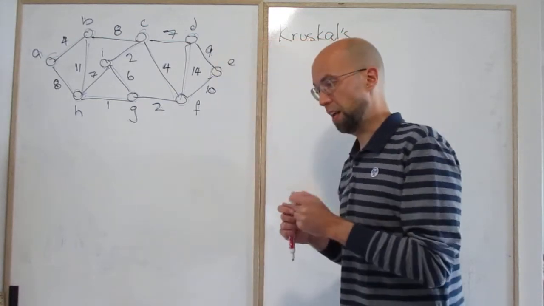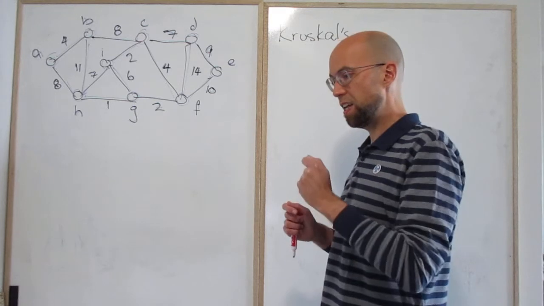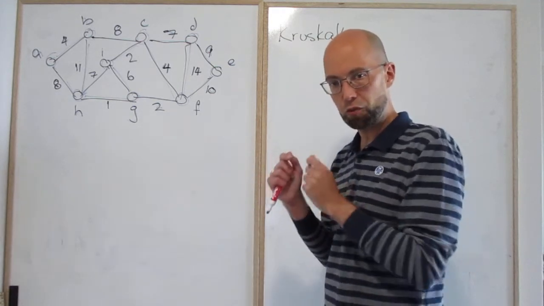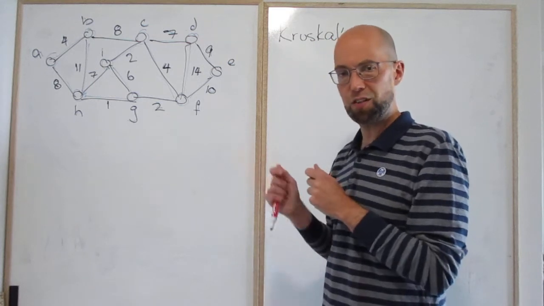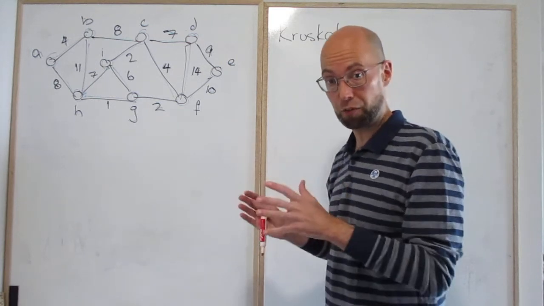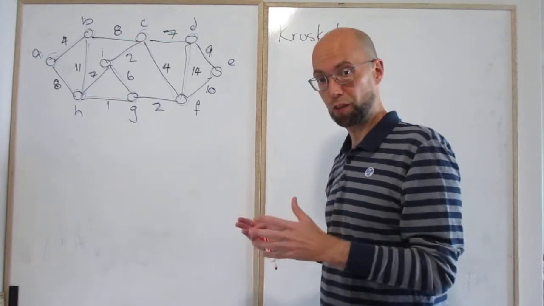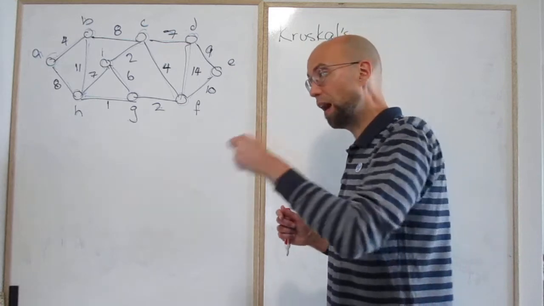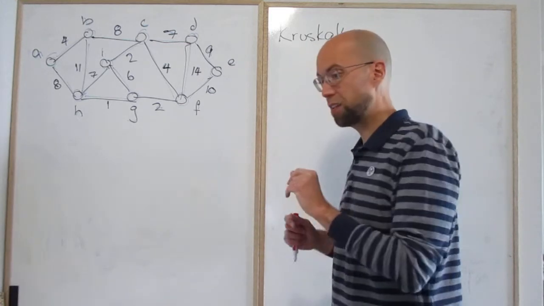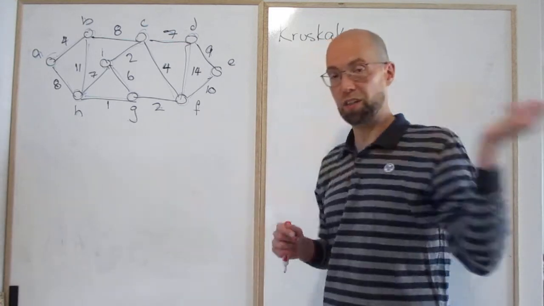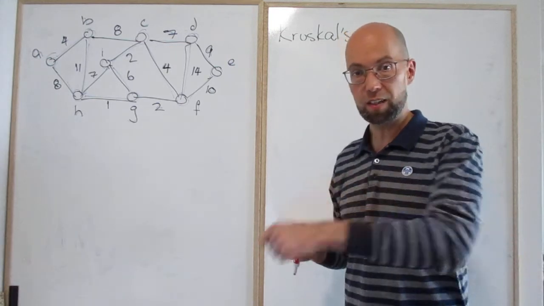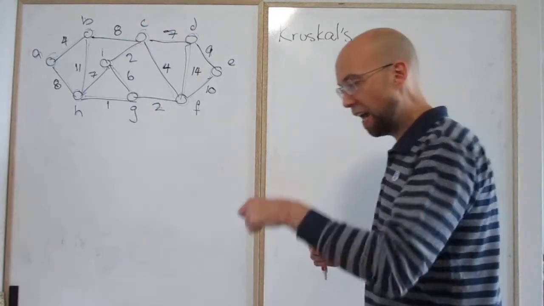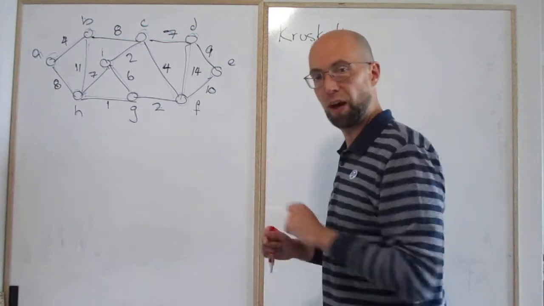For each edge, if you can add it and it doesn't break your tree, then you take it. Actually, you're not going to have a tree, you're going to have a forest. A collection of trees is called a forest. If you add an edge and it creates a cycle, then it breaks your forest, so you can't add it and you throw it away. It's incompatible with your sub-solution so far. If you can add it and it doesn't create a cycle, then you add it.